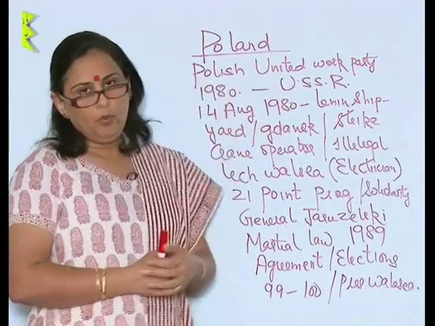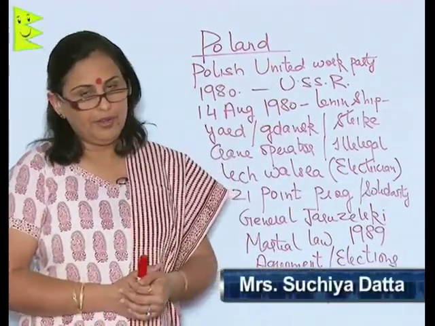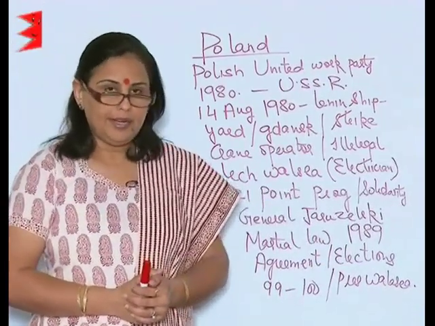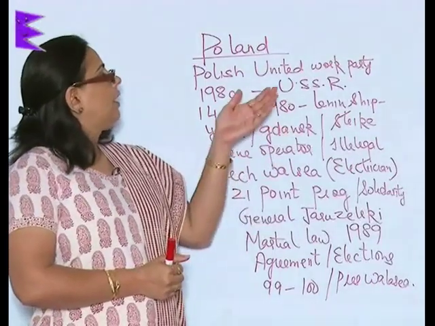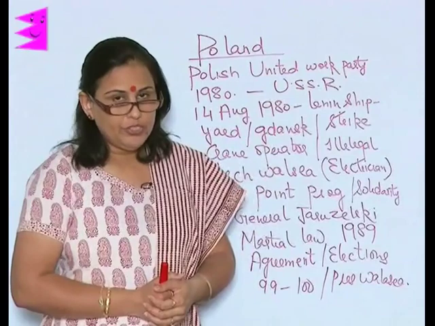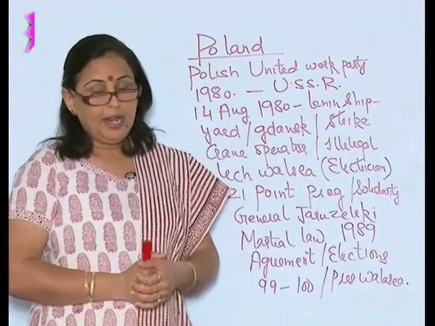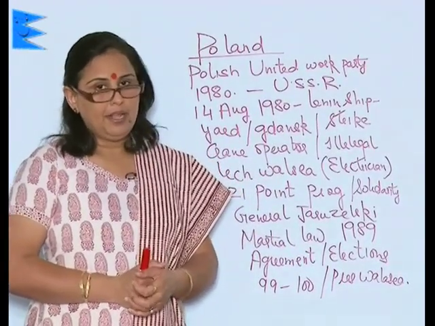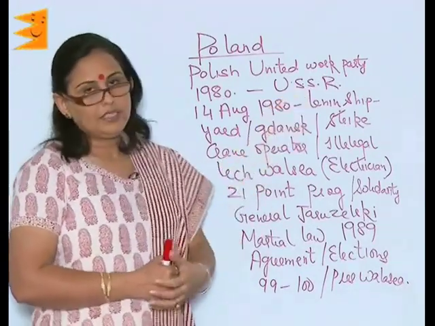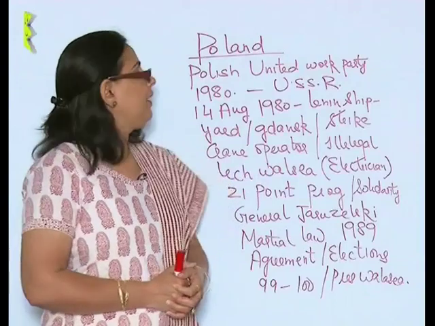Now we shall be moving to the story of Poland, one of the Eastern European countries, in the year 1980. At that time, the Polish United Workers' Party was ruling in Poland, and it was a communist government, and the big communist country USSR supported this government.